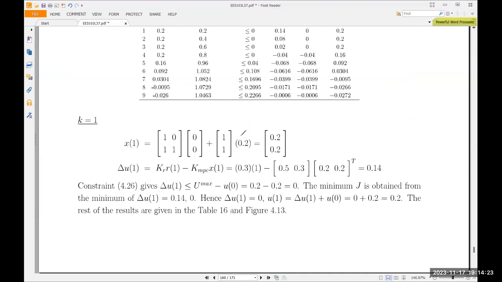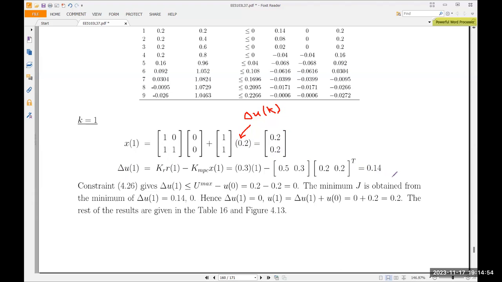Then, which means this is delta U. Okay, so you throw it in, so you get 0.2 for the new one, then you go and calculate, you get 0.14.